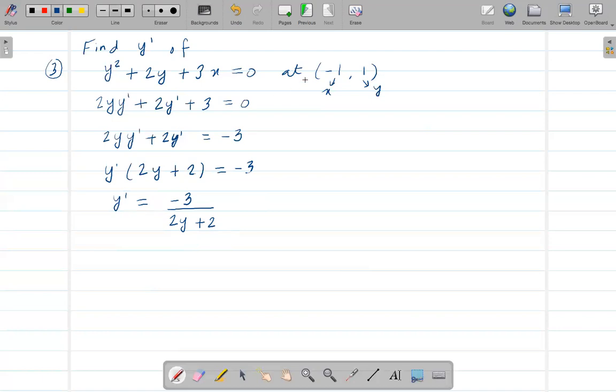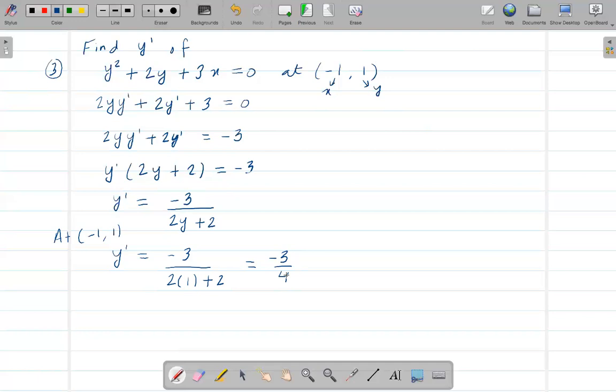Now since a point is given and it is asking us to find the y prime at this point, y prime is equal to, at -1, 1, and y prime is -3 over 2 times y, well, y is 1, plus 2. So the denominator will get 4, so -3 over 4.